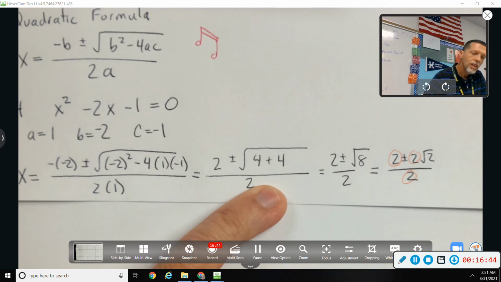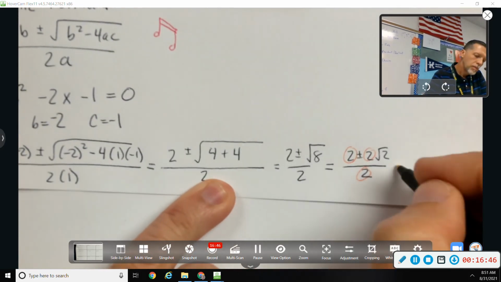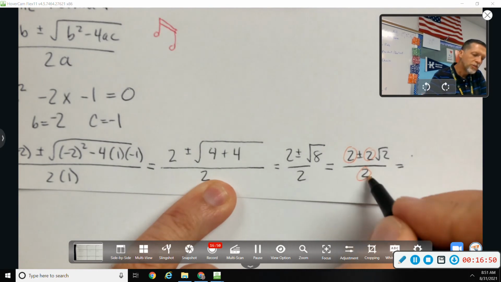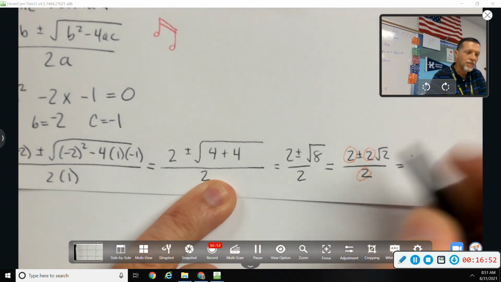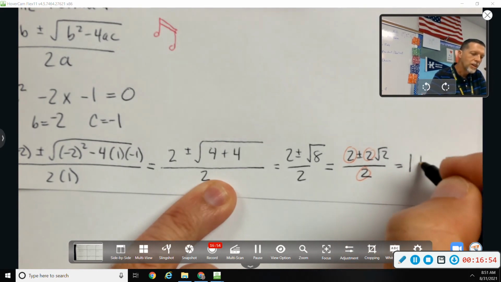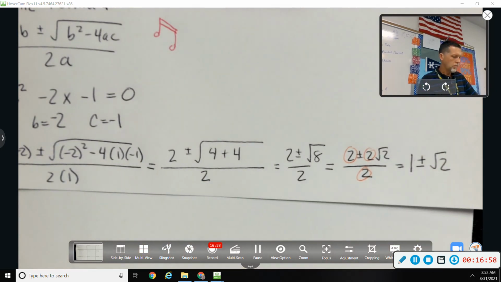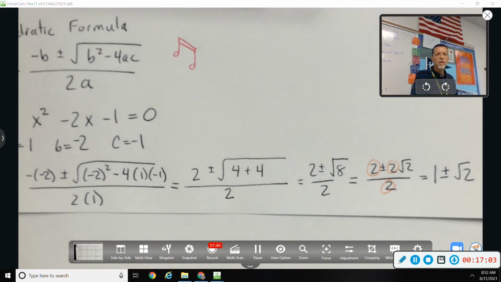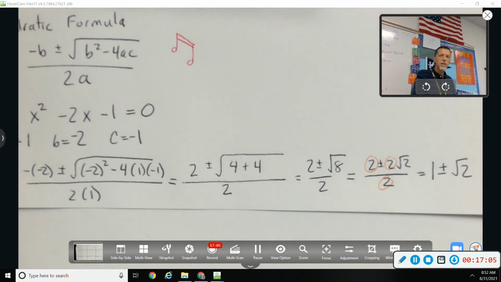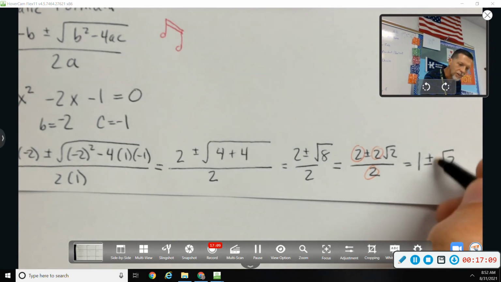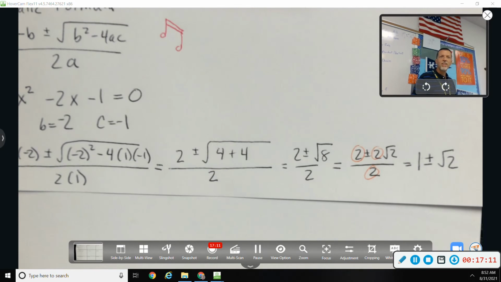What's 2 divided by 2? 1. So that didn't go away. That's still there. 1 plus or minus the square root of 2. Well, I guess if you want to put a 1 there, you could. That wouldn't change anything, though.